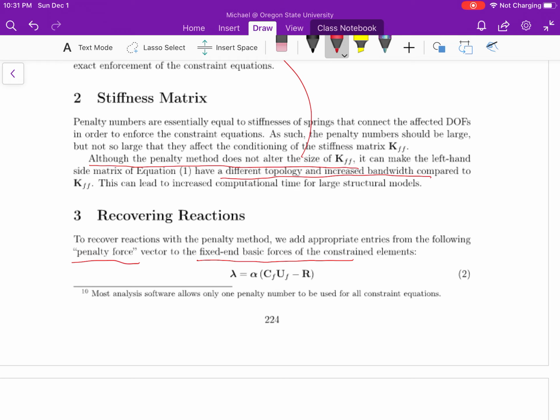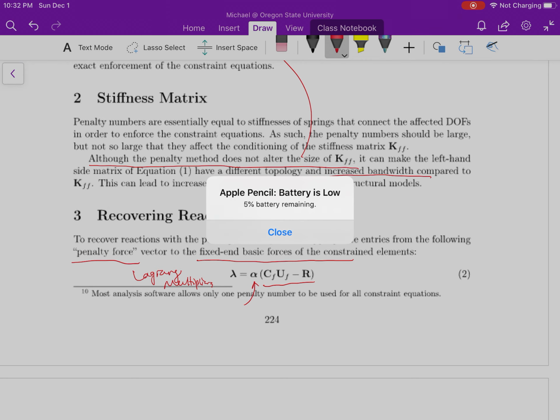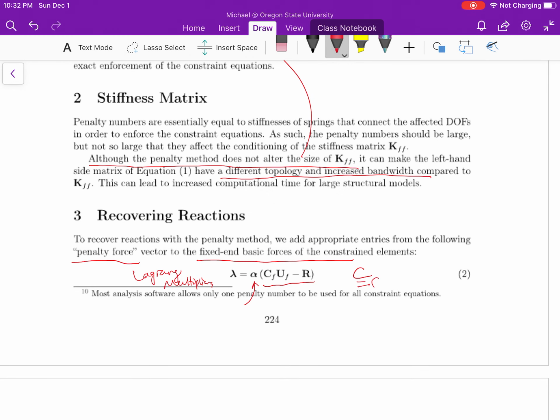So in terms of the Lagrange multipliers, we can compute something like Lagrange multipliers from the penalty method by multiplying alpha times CF UF minus R, which is just our constraint equations, CF UF equals R. So just move that over to the left-hand side.